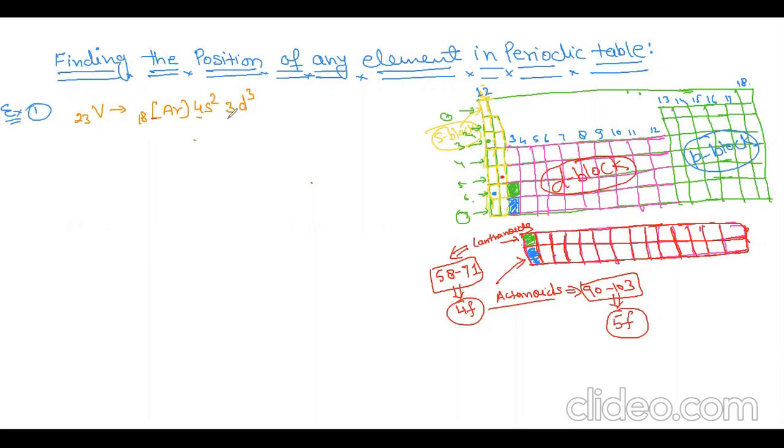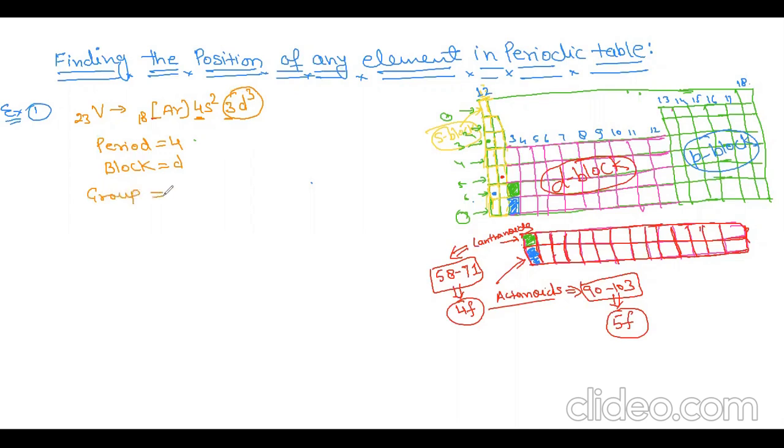After that you see which one is the largest number. The number is 4. Then period is 4. And the last electron is coming to 3d. So block equal to d. Now the most important thing, that is the group number.